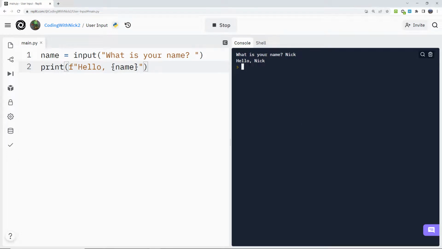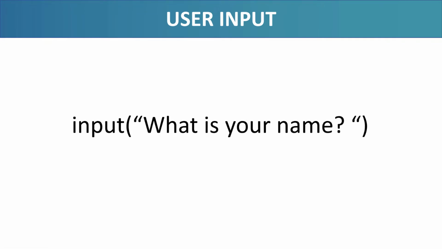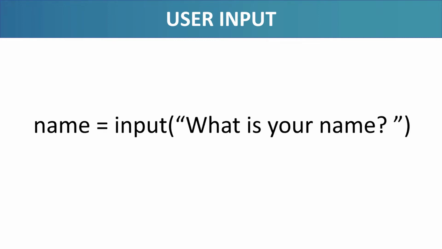The command input takes only one argument, the prompt or the instructions to the user, inside quotes. The command, when executed, pauses the program and waits until the user types something and then hits enter. When that happens, it takes whatever the user has typed, Nick in this example, and stores it in a variable which in this case is named name.